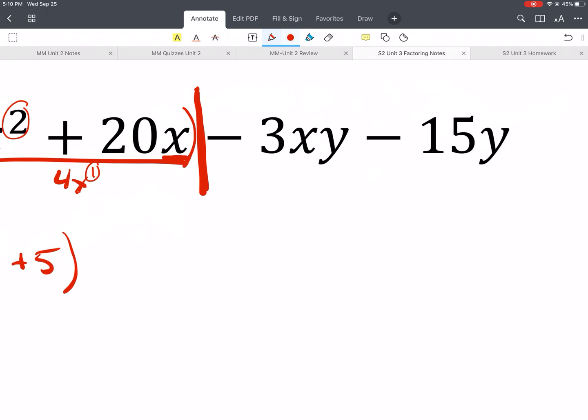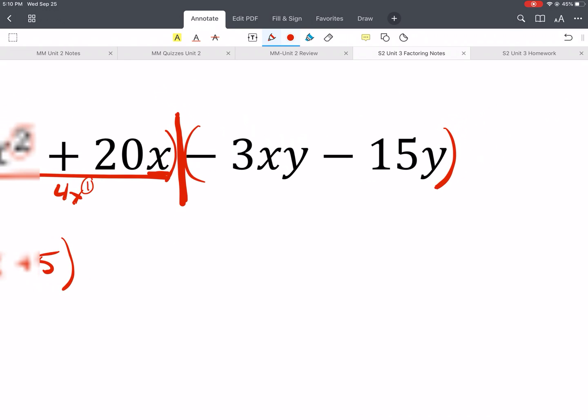All right, so we'd make our parenthesis. So what would be the greatest common factor? Well, since this is in standard form and we have a leading negative, we would need to factor out a negative 3. Okay, so there's not a lot of room to put in here, but usually I would have it right here. So negative 3, and then for the variables, we can only take out a y.